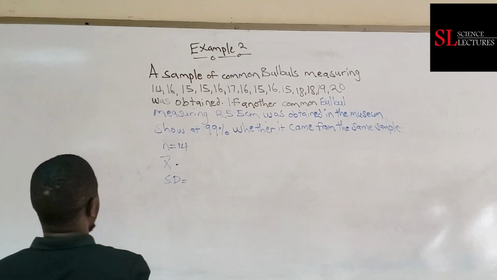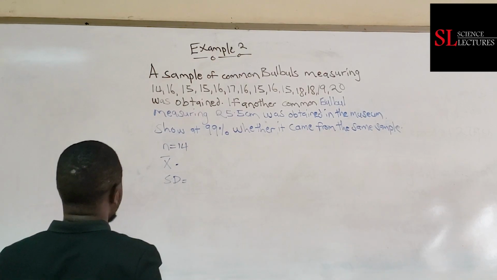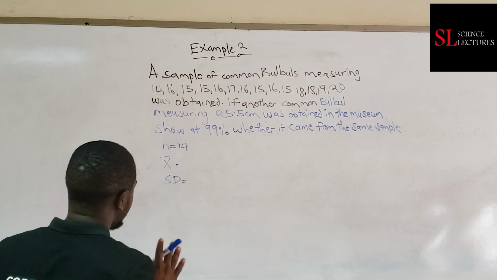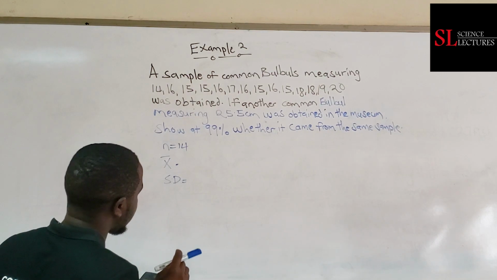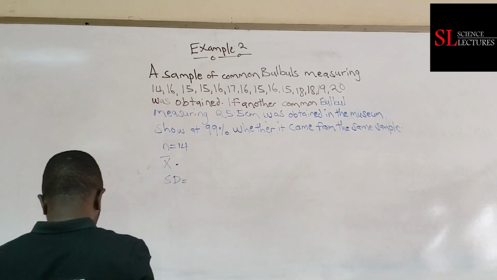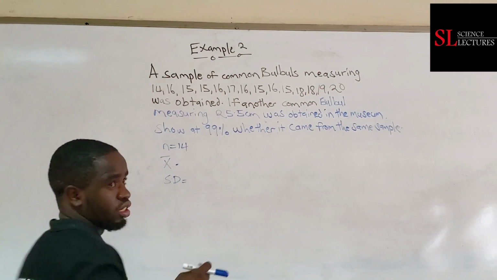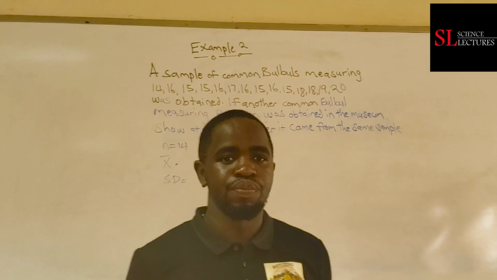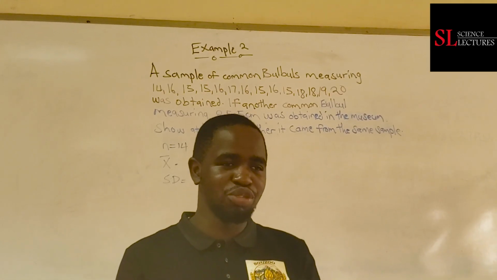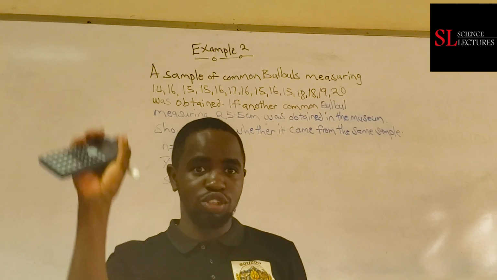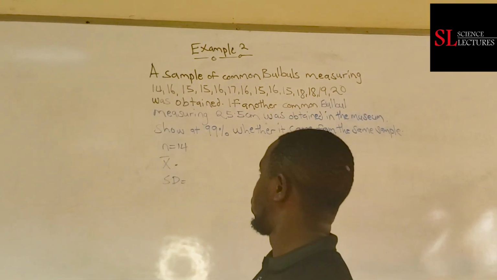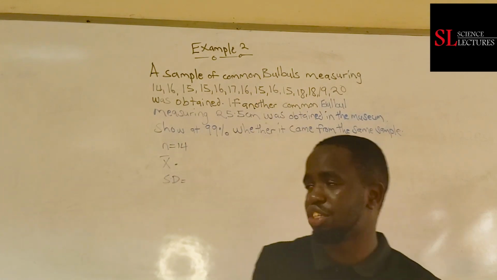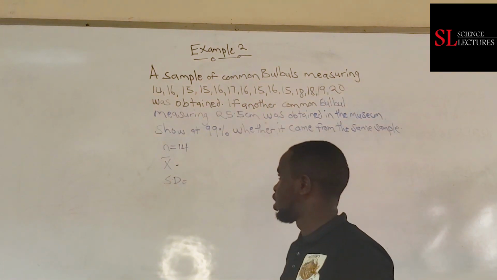If I have to do my math: 14, 16, 15, 15, 16, 17, 17, 16, 15, 18, 18, 19, 20. And we are applying aspects of utilizing a calculator. For those of you that don't know what I'm pressing, there is a video that we recorded of how to use a calculator to get both mean and standard deviation.